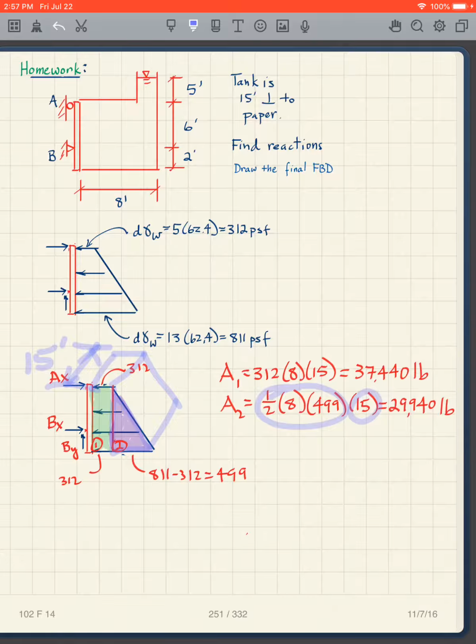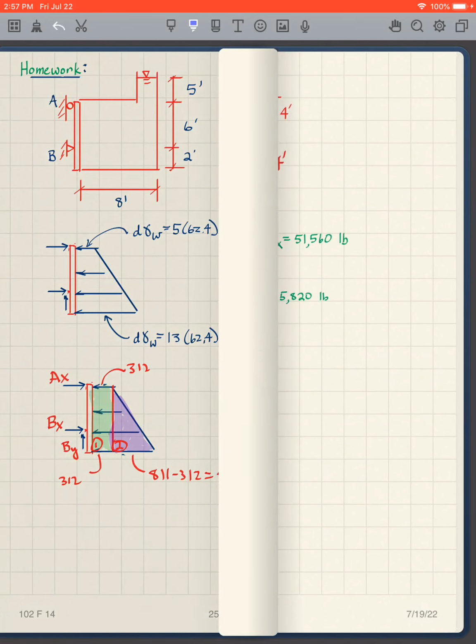So I get the volume of the triangular wedge and the rectangular wedge. There are the 2 volumes, which means that, if we look at the units, we'll find that that is a pound, that is a pound, for the same reasons that we had before.